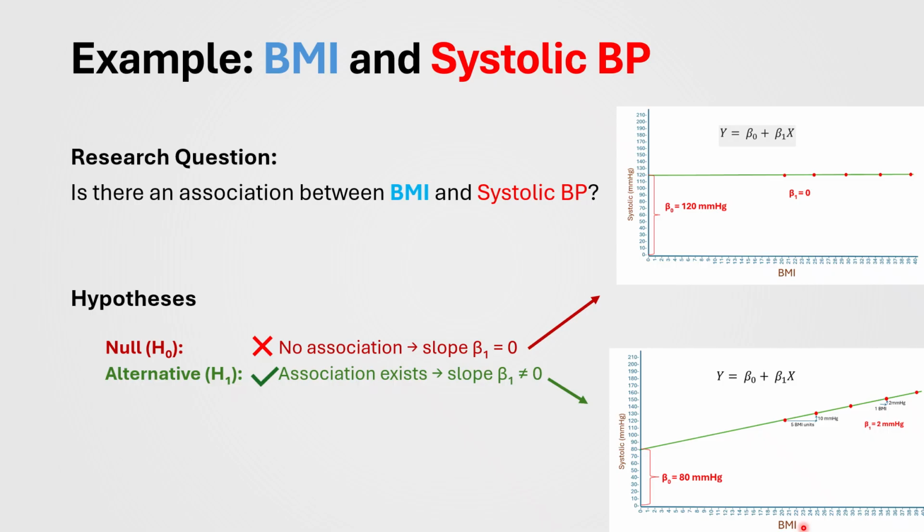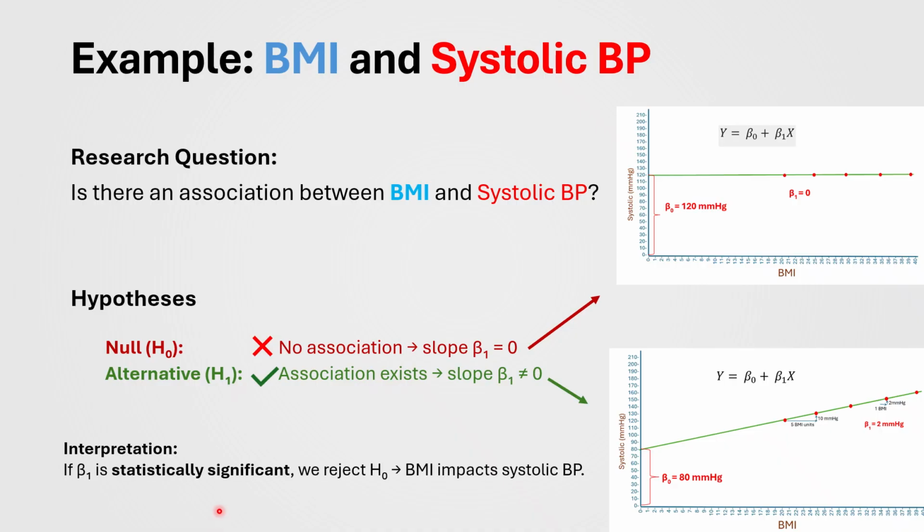The person with, say, 20 BMI has a lower systolic blood pressure compared to the one with BMI 30 and so on. More on that in the coming slides. And if the slope beta 1 is statistically significant, we reject the null hypothesis and conclude that BMI does impact systolic blood pressure.